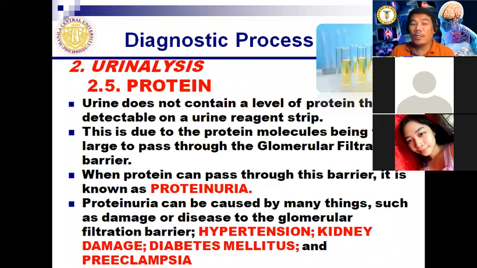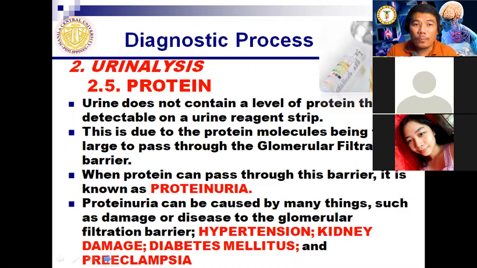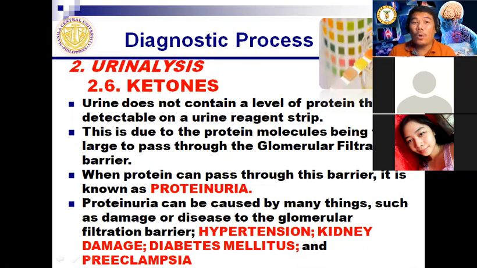Then for the others that may have proteins, usually the urinalysis may have a positive result or detected. Then further test for possible diabetes mellitus, which is somehow the same as the findings with ketones. For the ketones, it could be ketonuria, with the findings of diabetic ketoacidosis, which is suggestive of a problem also with hypertension, kidney damage, diabetes mellitus, and preeclampsia.